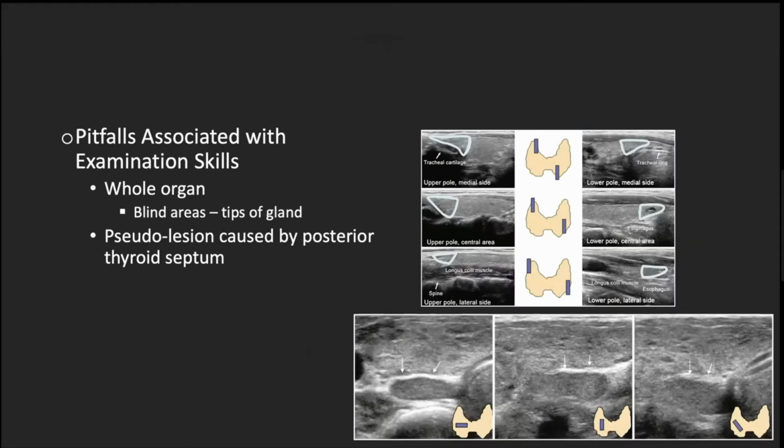Now, I'll talk a bit about pitfalls when the thyroid gland is being assessed. One is to make sure that when we scan any organ, the whole organ is scanned. So we must look at the ends of the organ. In the thyroid gland, you go up to the top, the superior, and down to the bottom, the inferior, and you see that the structure is a bit triangular.